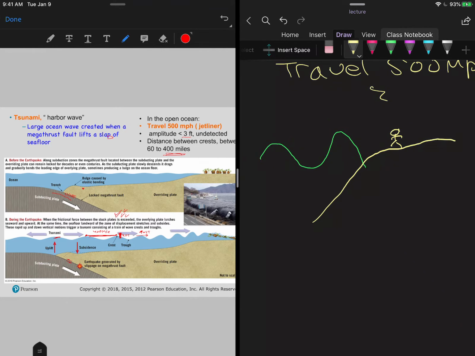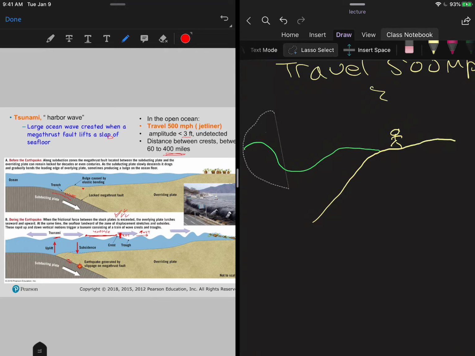When a tsunami arrives, this is what you see. I should probably draw this a little bit better. There's a dip because of the long wavelength, and let's say it looks something like this. What you notice first is not a big wall of water.